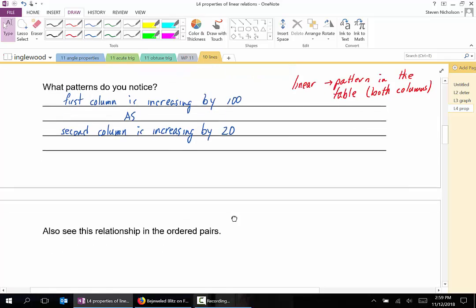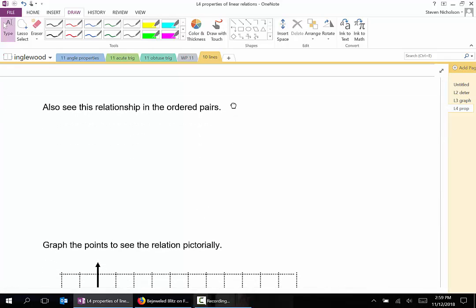We've done that quite a bit, and it actually points something out. You can also see this relationship in ordered pairs. If we group these like coordinates on a grid, I'll just do the first few.